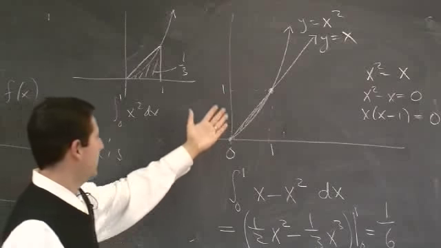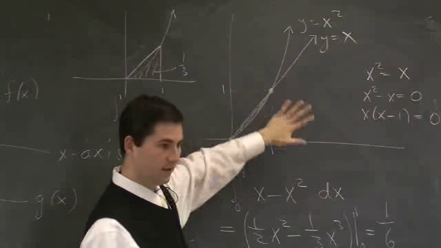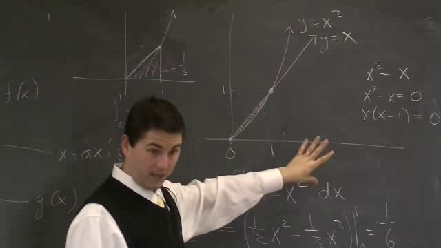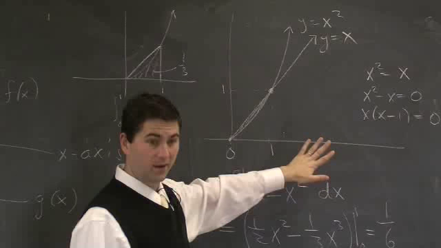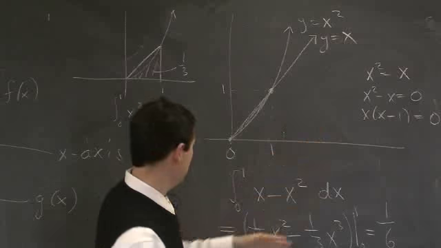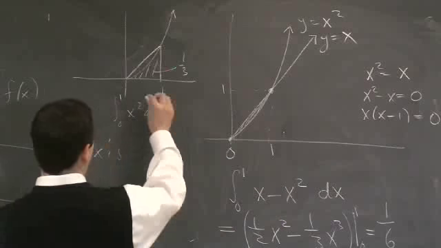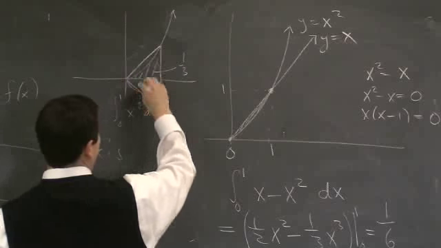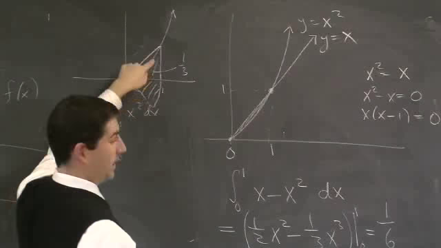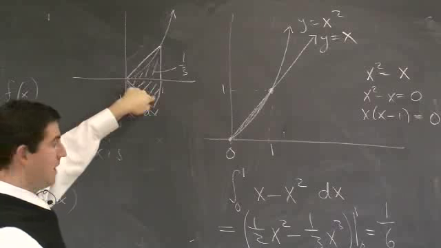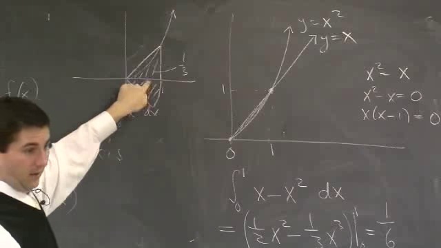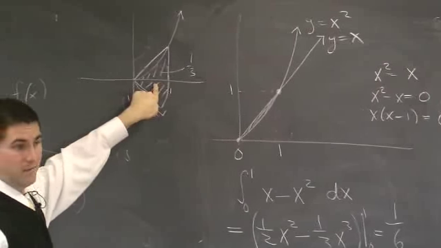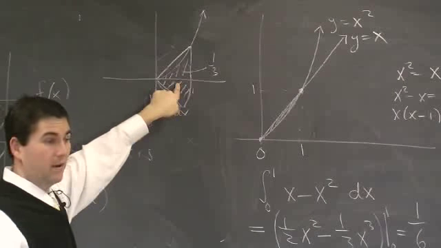Well, if I had something which had positives and negatives, then it's possible that the answer could be negative in the end. Let's say I had something that not only got this area up here, but also did a lot of this area down here. These things would cancel out, and maybe this one is even a little bigger, and so it gives you a negative number out. That's the right answer, a negative number.